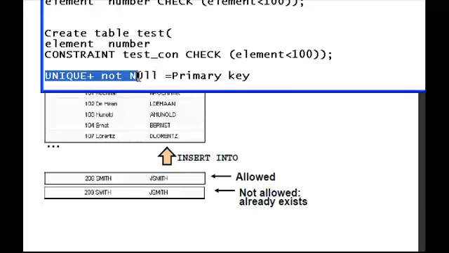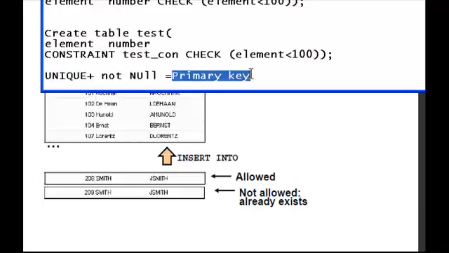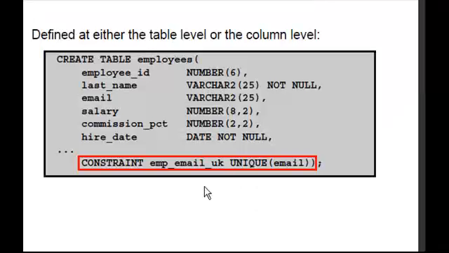If I have a combination of both of these, it should be a primary key. When I put not null on a field, it means you must put a value, and when that value also cannot be duplicated, it's equal to the primary key. So primary key is too strong. Unique and not null are less constrained, less strong. Let's put it this way.